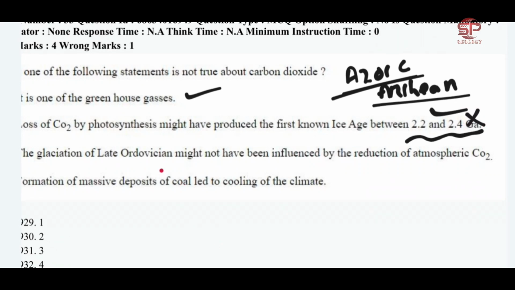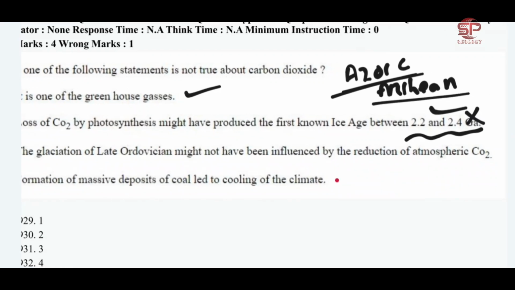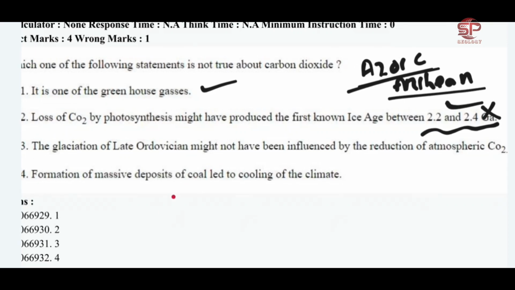Then, glaciation of the late Ordovician might not have been influenced by the reduction of atmospheric CO2, because normally the ice age that formed by changing Earth's tilting axis or other type of cycle, that is called the Milankovitch cycle, can produce glaciation. Then the formation of massive deposits of coal led to cooling of the climate. When there is more carbon dioxide deposit, carbon dioxide is removed from the atmosphere.